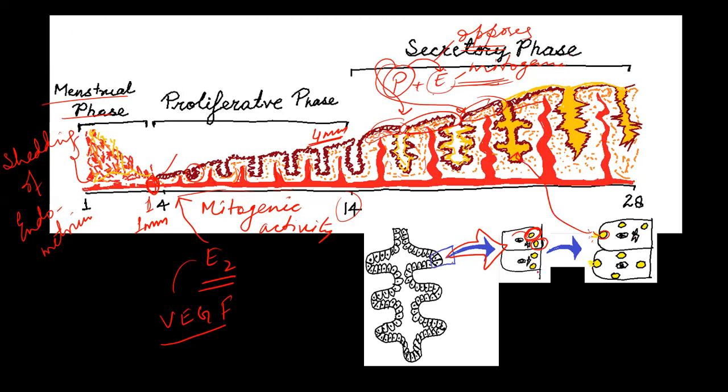This secretory granule is the structure through which, on endometrial biopsy, we can say whether the endometrium is in the secretory phase or the proliferative phase. These are the secretory granules, or you can say the vacuoles.